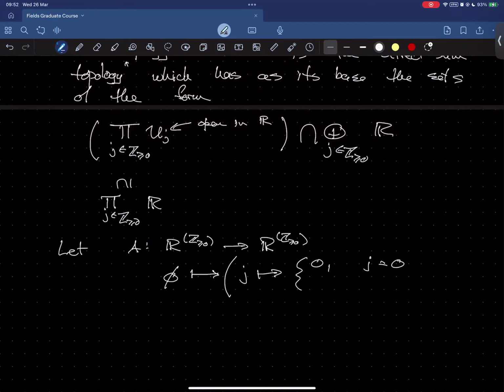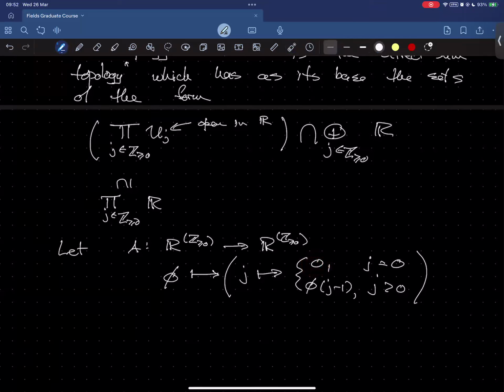And when j is positive, I assign the thing that was immediately before. So this is a right shift, because it takes the value at j minus 1 and it shifts it over to the value at j, and then I fill in a 0 at j equals 0.